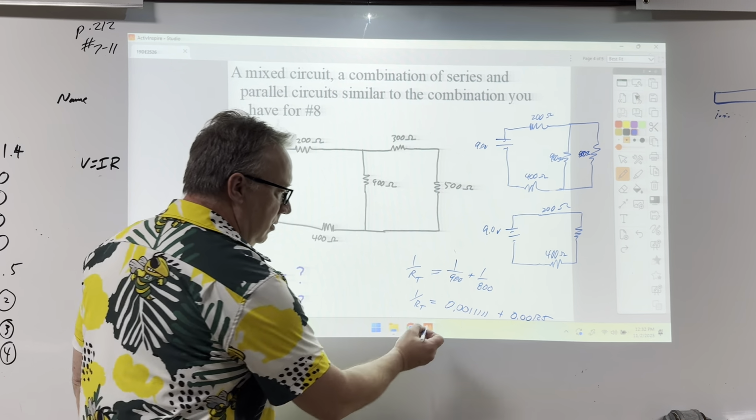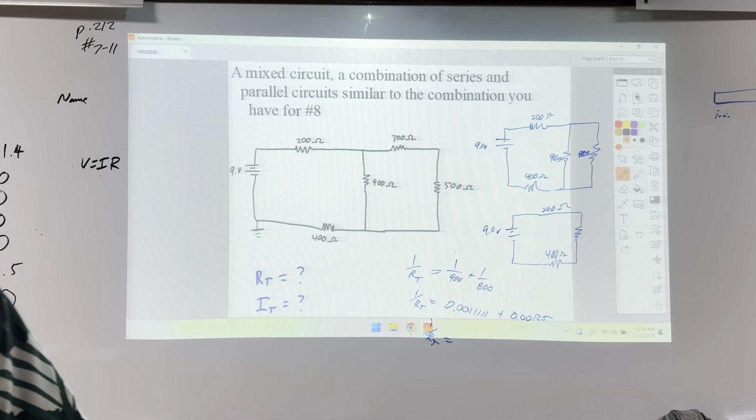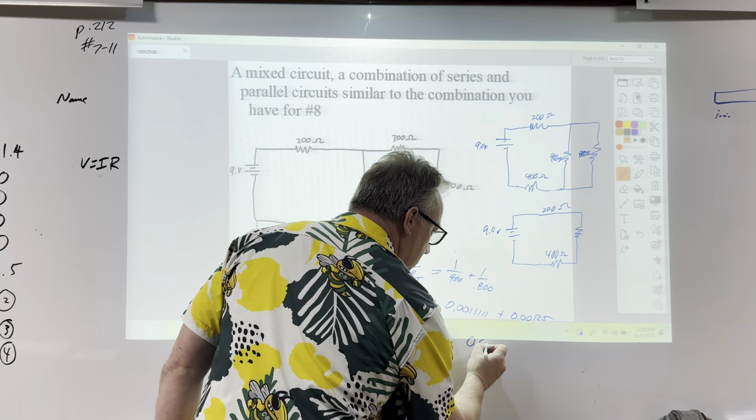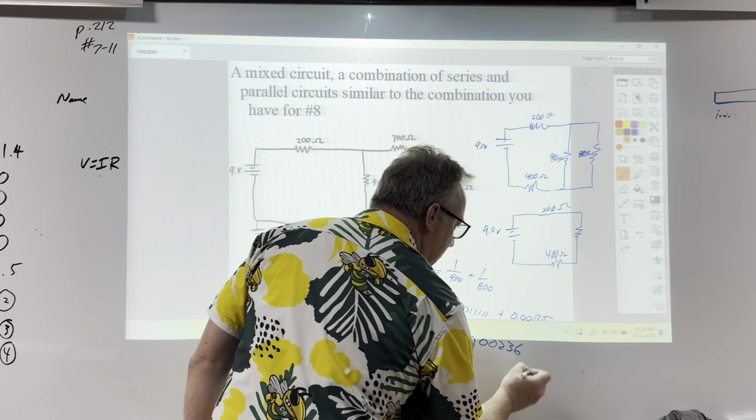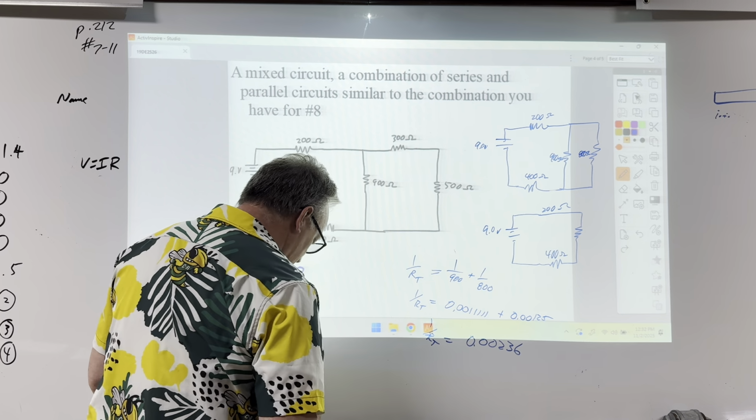Now add that. 1 over RT is 0.00236. That is not RT. It's 1 over RT. So invert both sides.